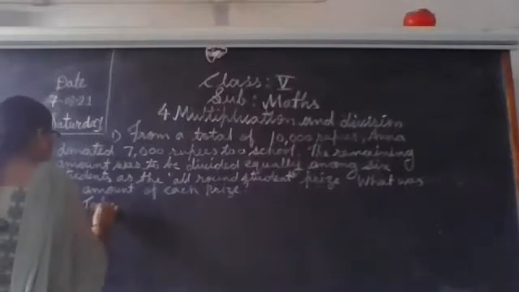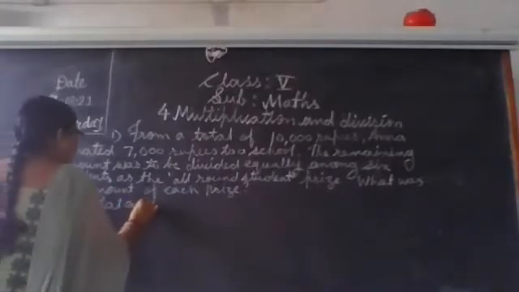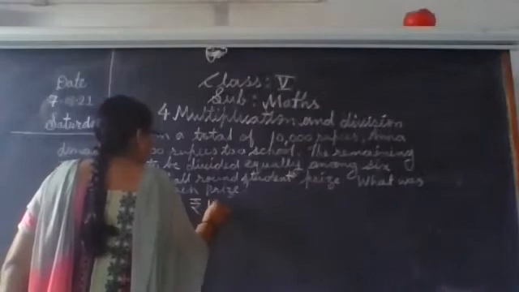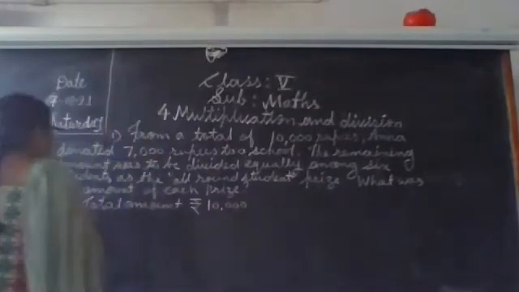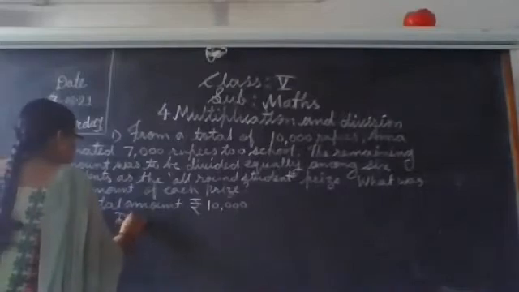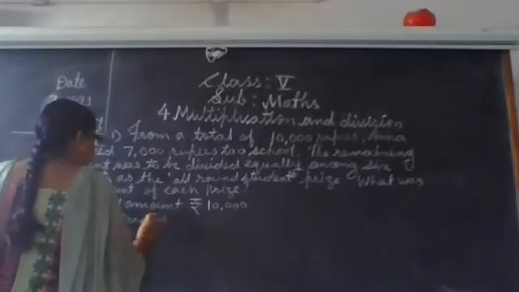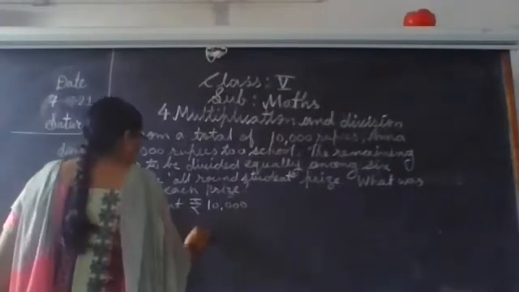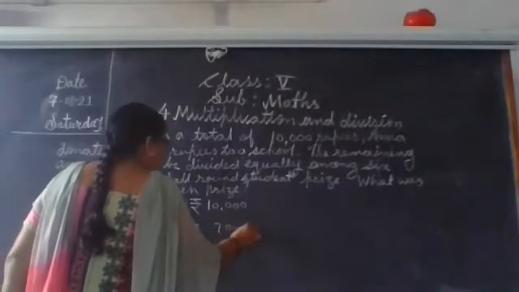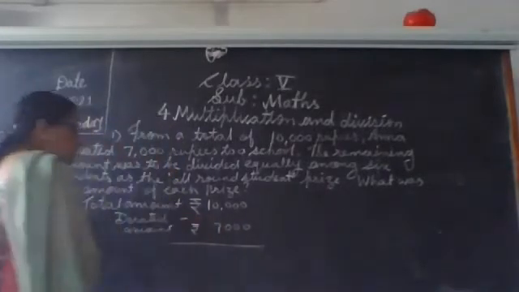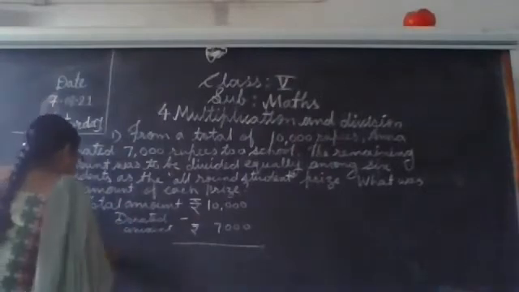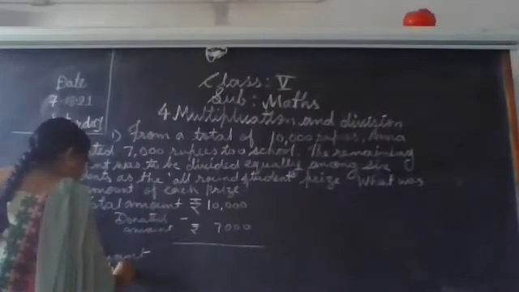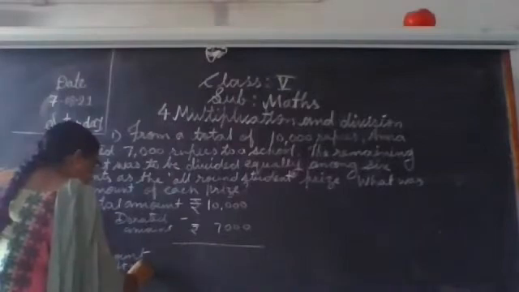Total amount, rupees 10,000. Donated amount, rupees 7,000. If you subtract, you will get the amount left with Anna.